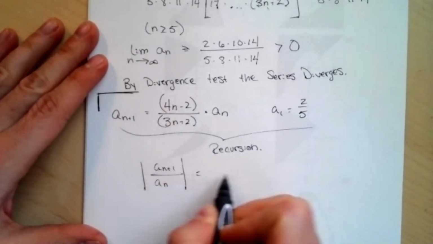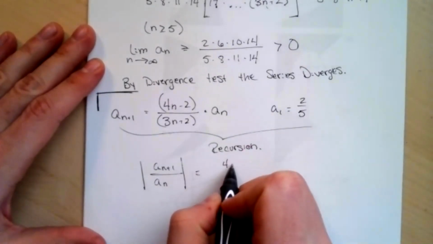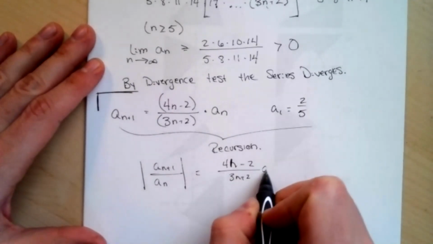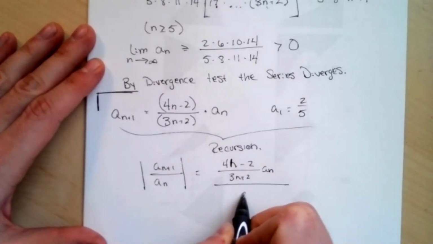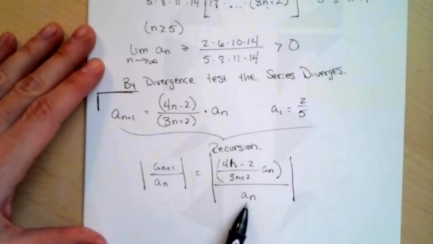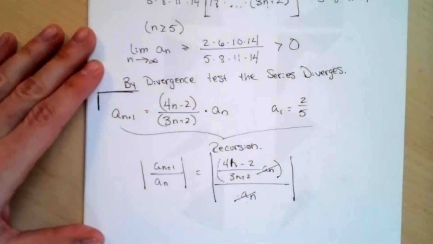defined by the an recursion. a(n plus 1) over an equals 4n minus 2 over 3n plus 2. And now, nicely enough, with a recursive formula, the an's are going to cancel.